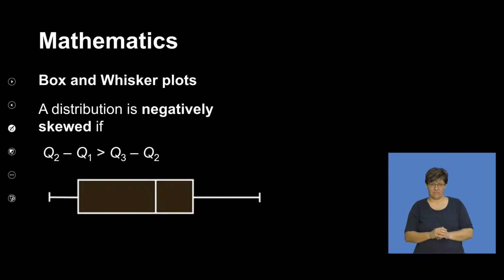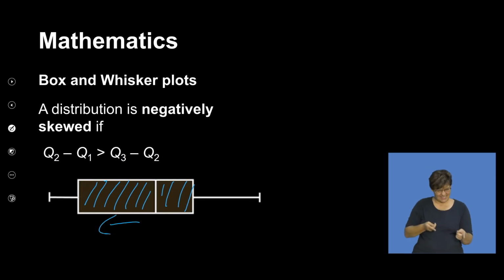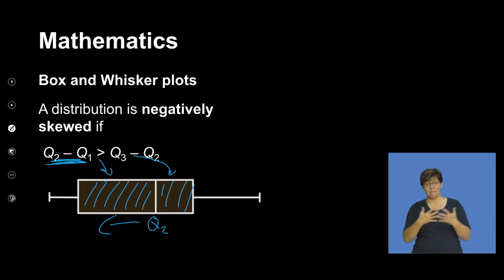And what about negatively skewed? By just looking, you can see that this part of the box is bigger than that part of the box, so more of your data is on this side. Remember, this is the median, which is Q2. Q2 minus Q1 is this area, and Q3 minus Q2 is that one. So this is negatively skewed.